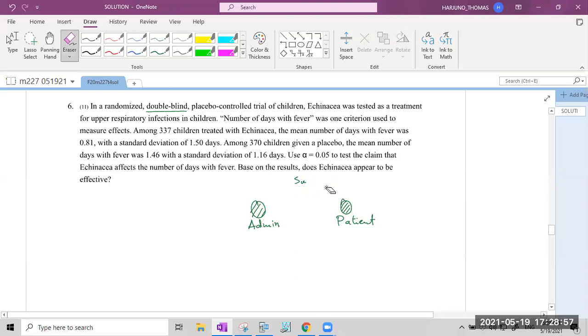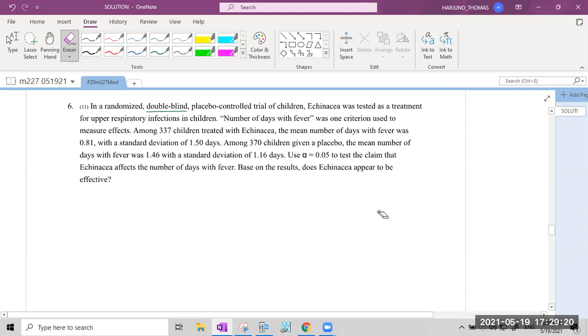So we compare that to those people who don't get the medicine, but are given a fake medicine, let's say some kind of flour inside the capsule, and see the type of effect.